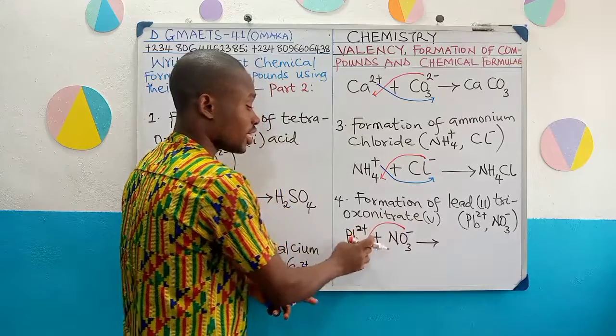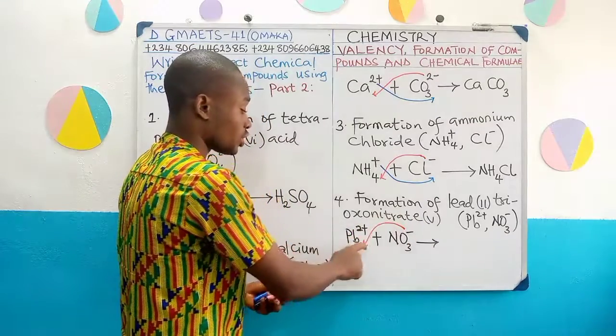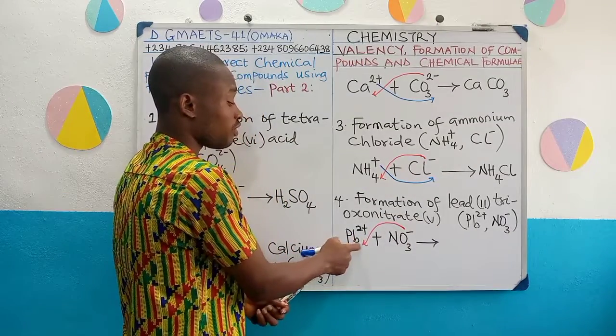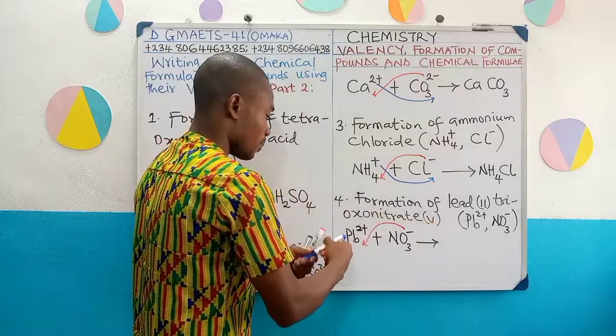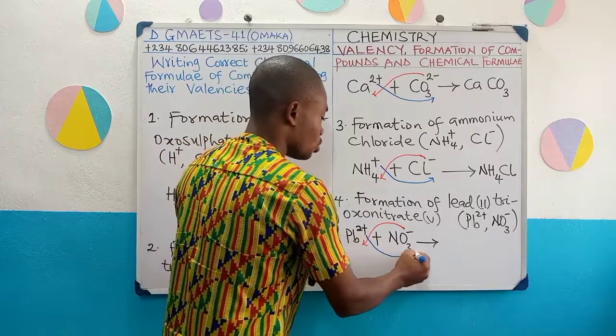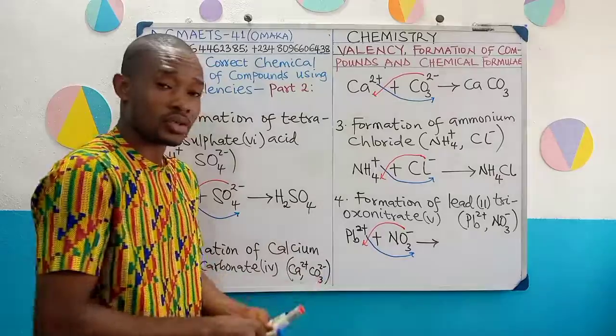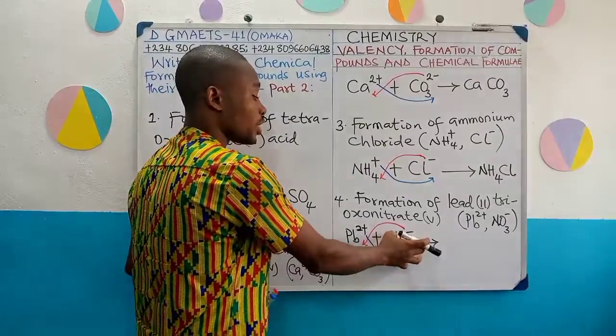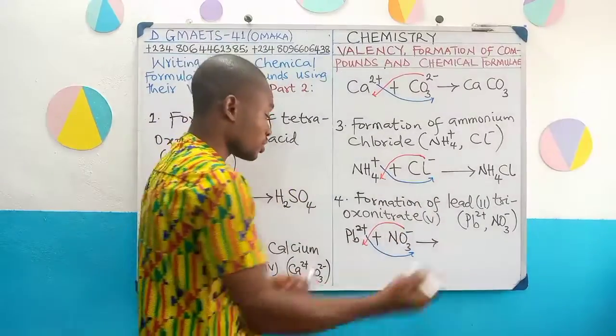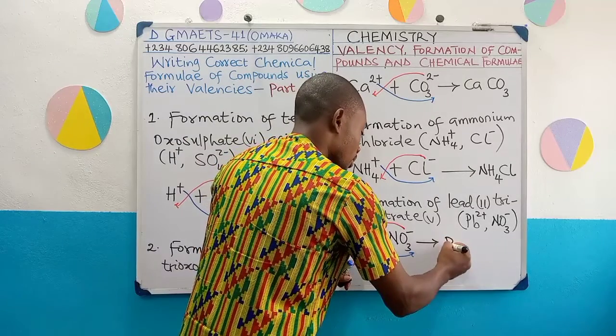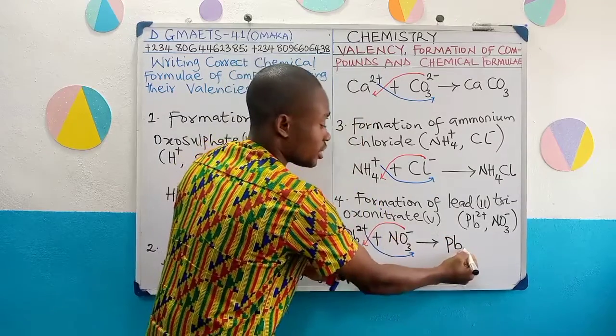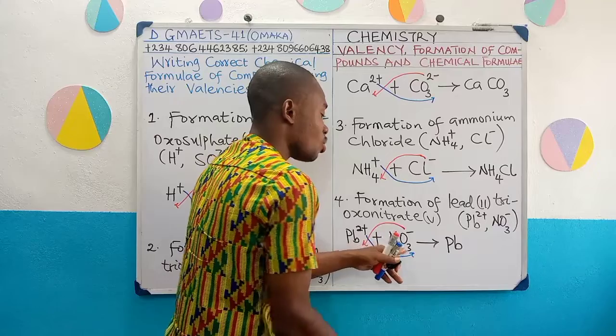So this negative 1, the 1 will be transferred to lead. So the atomicity of lead is going to be 1 in the product. And then lead will give its 2 to NO3 minus, so the atomicity of NO3 minus will become 2 in the product. So look at it. Pb, atomicity is 1, we don't show it. Now NO3.